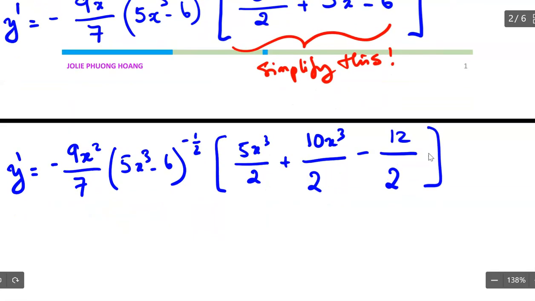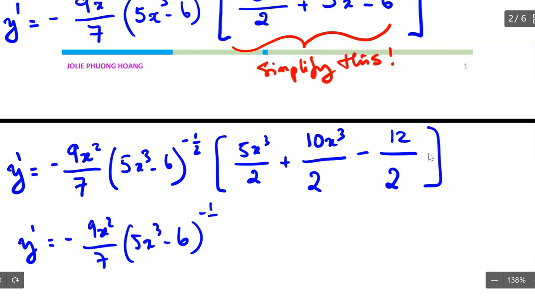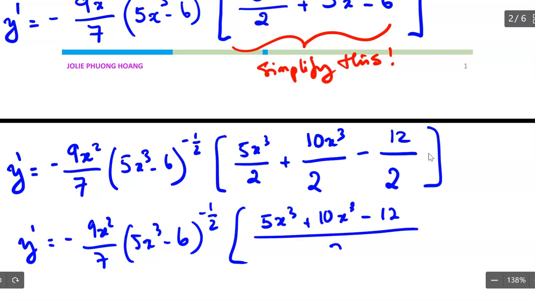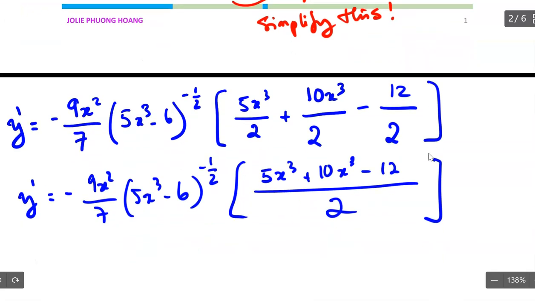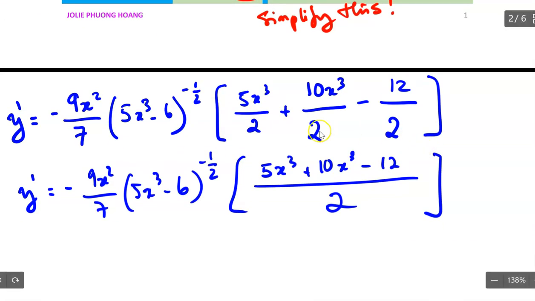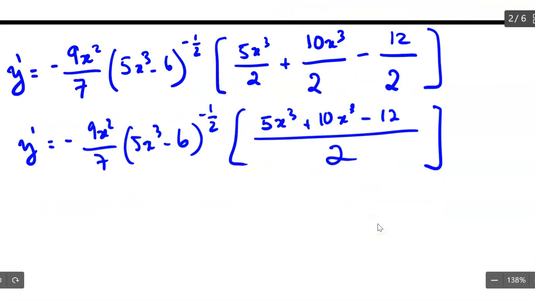Okay, so then I will write this as negative 9x over 7, 5x cubed minus 6 to negative half. Okay, so this will be 5x cubed plus 10x cubed, subtract 12, everything over 2. That is the purpose of having a common denominator, because now you can combine the like terms of the numerators.